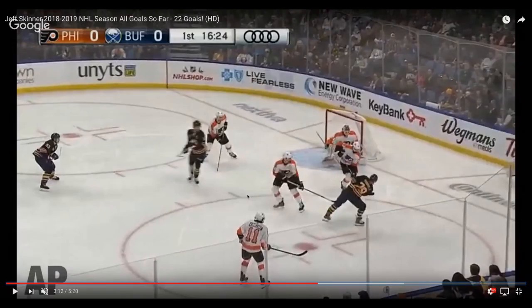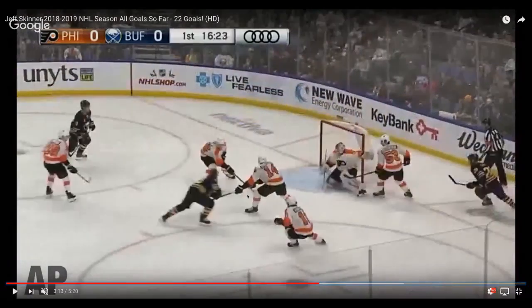If I told you that there are 4 defensive players and 2 offensive players that are really involved in the play, that would sound like something good for the defense. But the puck bounces right out to Skinner in front of the goal, and the defensive players aren't in the way of the shot. They aren't defending anything. They're kind of just there.